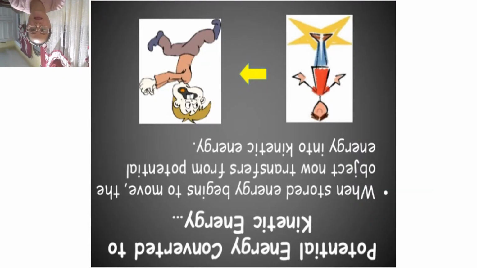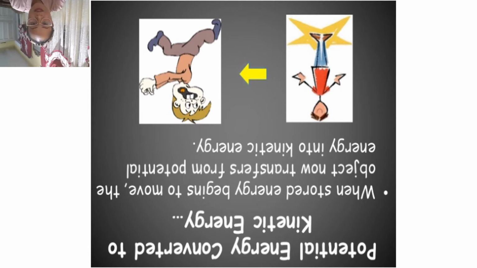Next, potential energy converted to kinetic energy. When can we say that the potential energy has already been converted into kinetic energy? The answer is when an object begins to move. Just like, for example, in our pictures here, let's use the pen.